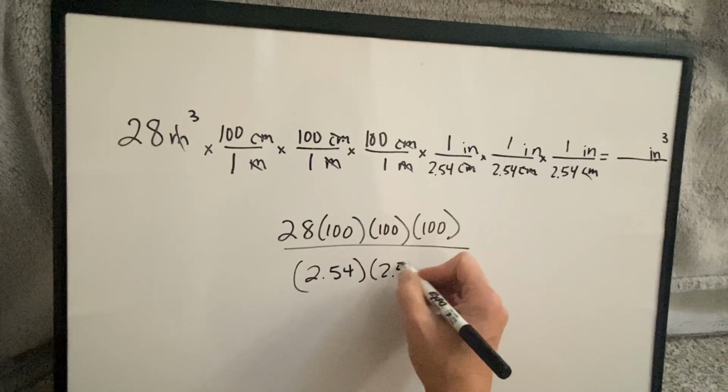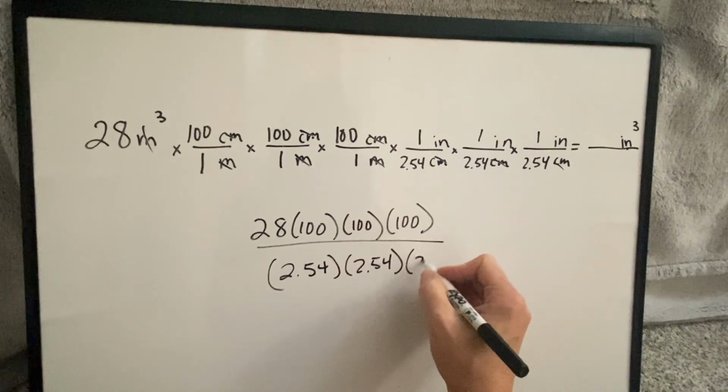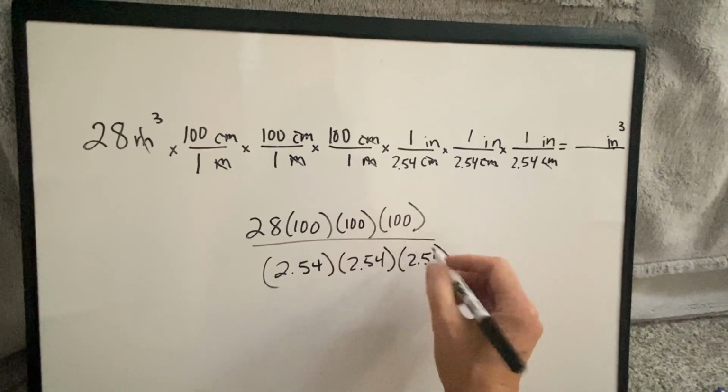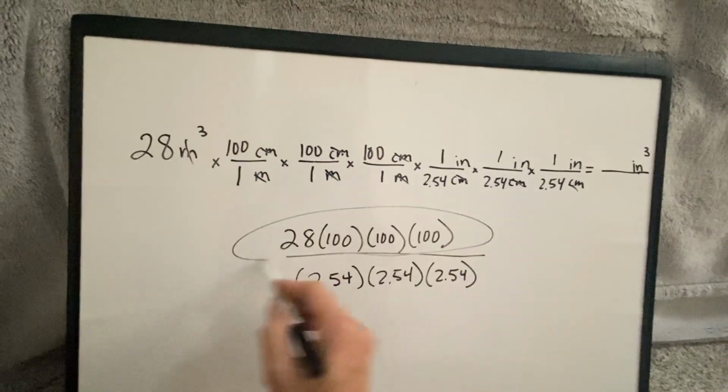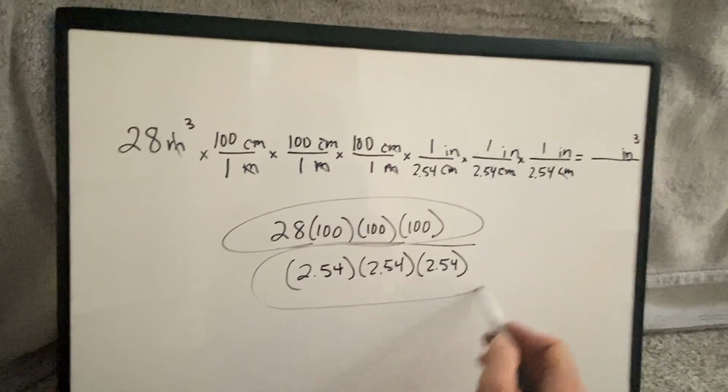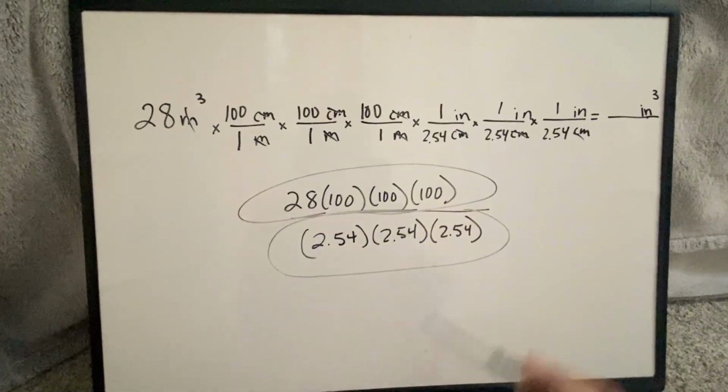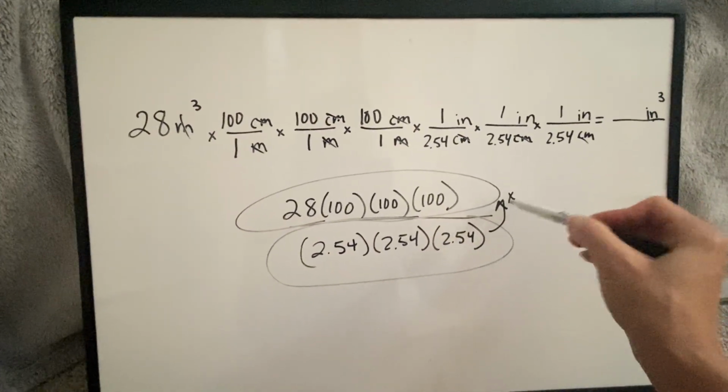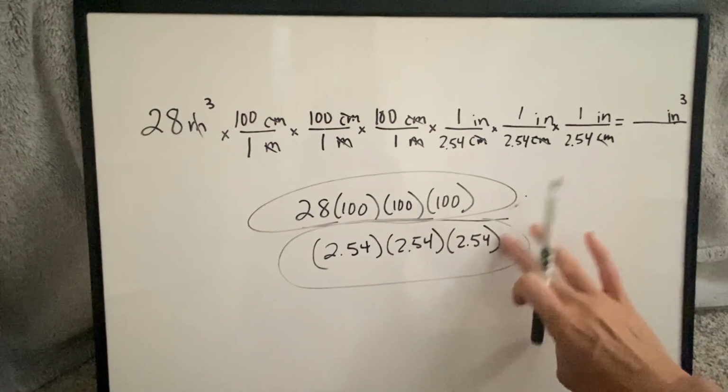Okay, so do not take this and multiply them all together. Remember, it's this divided by this. Okay, this is not up here being times. That's not how that works. Okay.